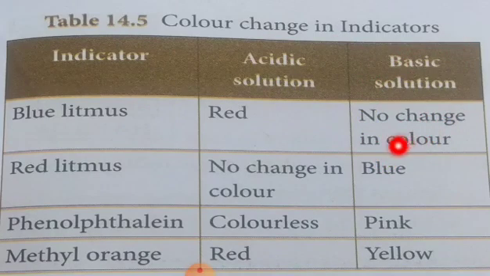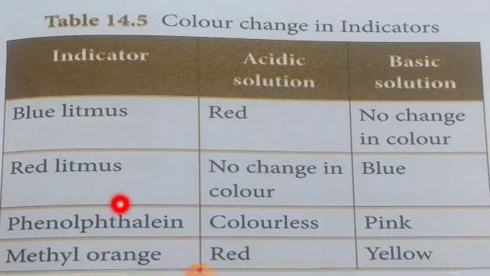Next indicator, red litmus. When red litmus is dipped in acidic solution, there is no change in color. What about basic solution? The red litmus turns blue after dipping in basic solution. Do you follow, students?